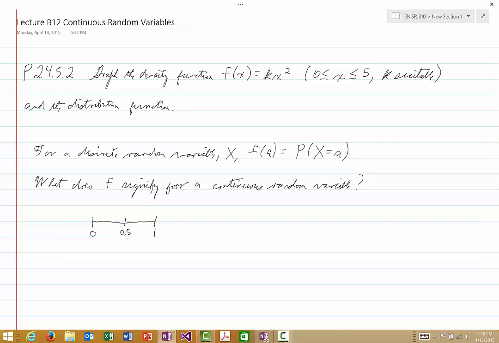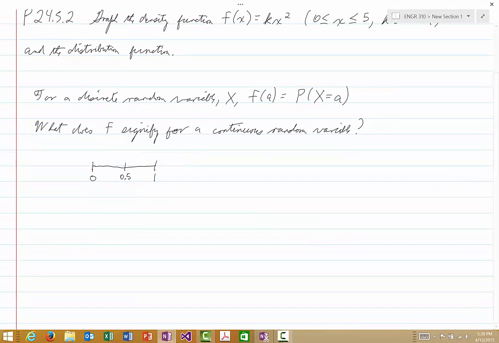So when we're talking about continuous random variables, where the random variable can assume a value anywhere in some range like this, then it's no longer helpful to think about the probability that the random variable assumes any particular value. Instead, what we do is talk about the probability that the random variable will be in some range.